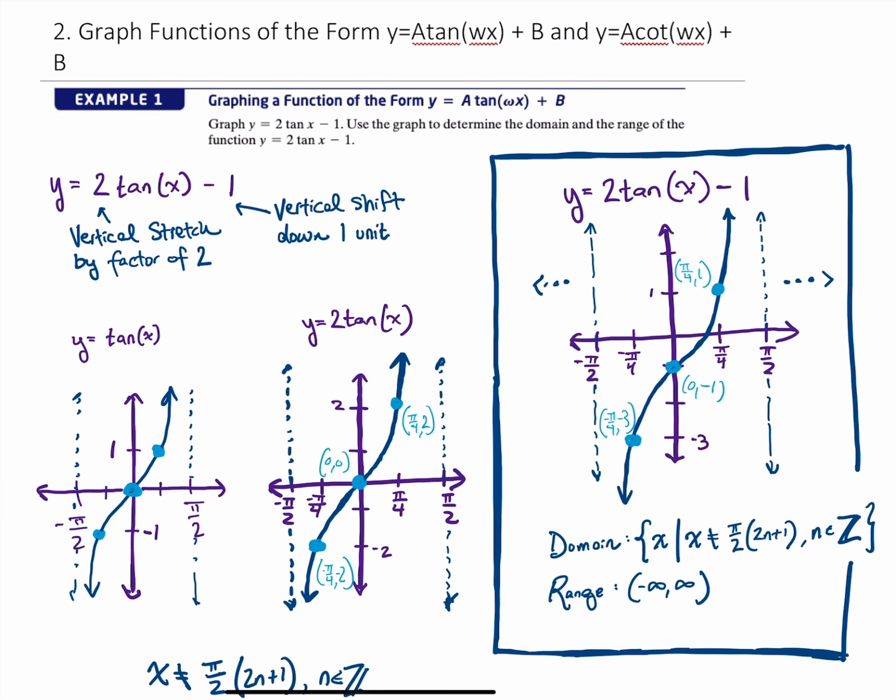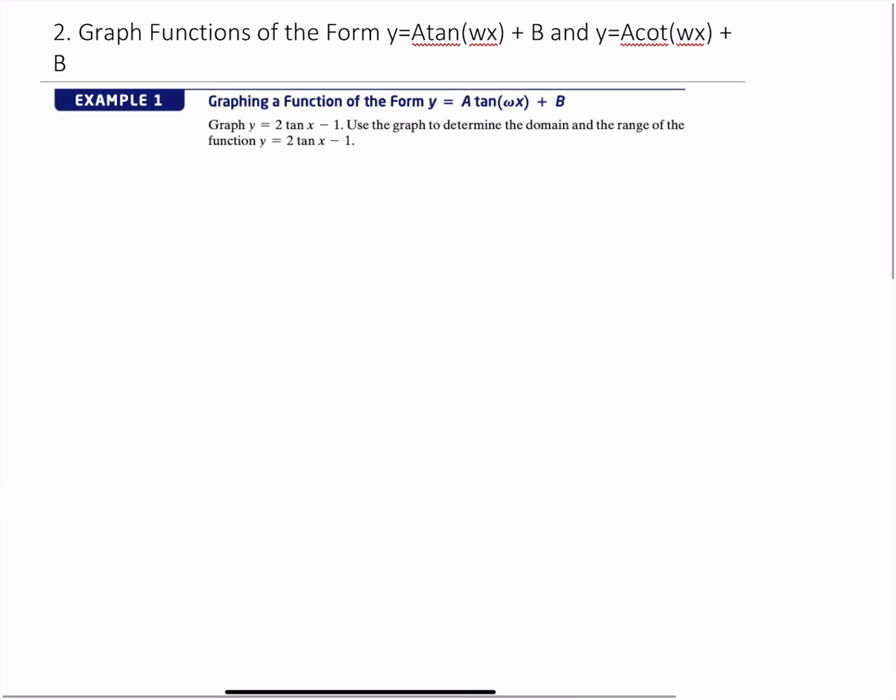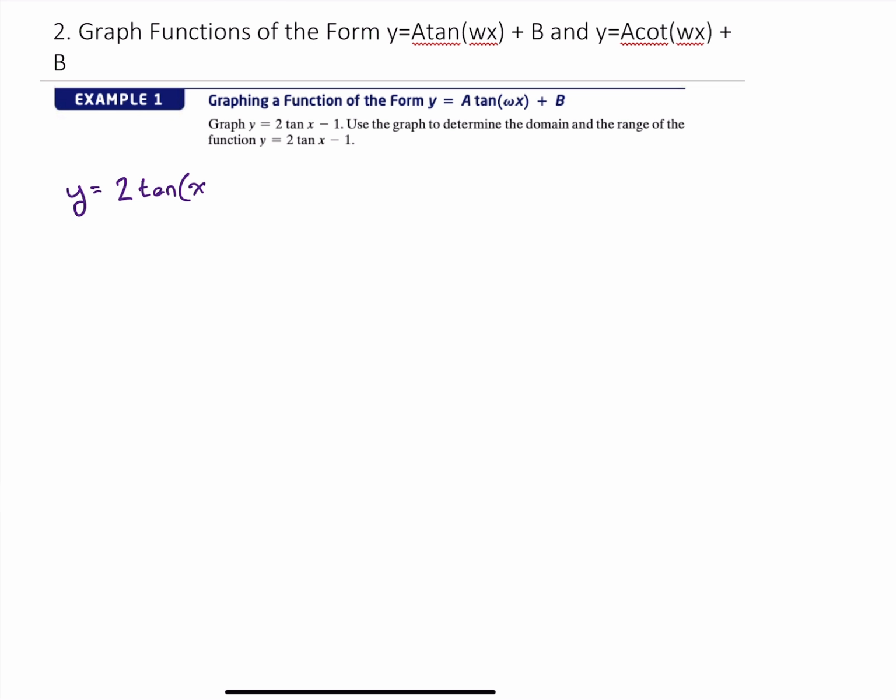So let's look at a couple examples of modified versions of these two. Our first one is y equals 2 times the tangent of x minus 1. So I'll first note what's happening.